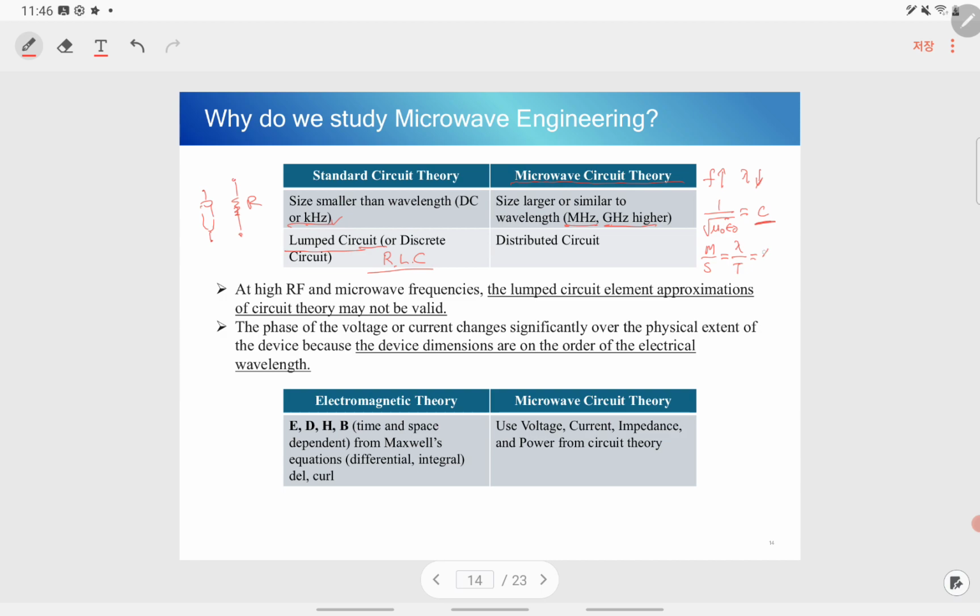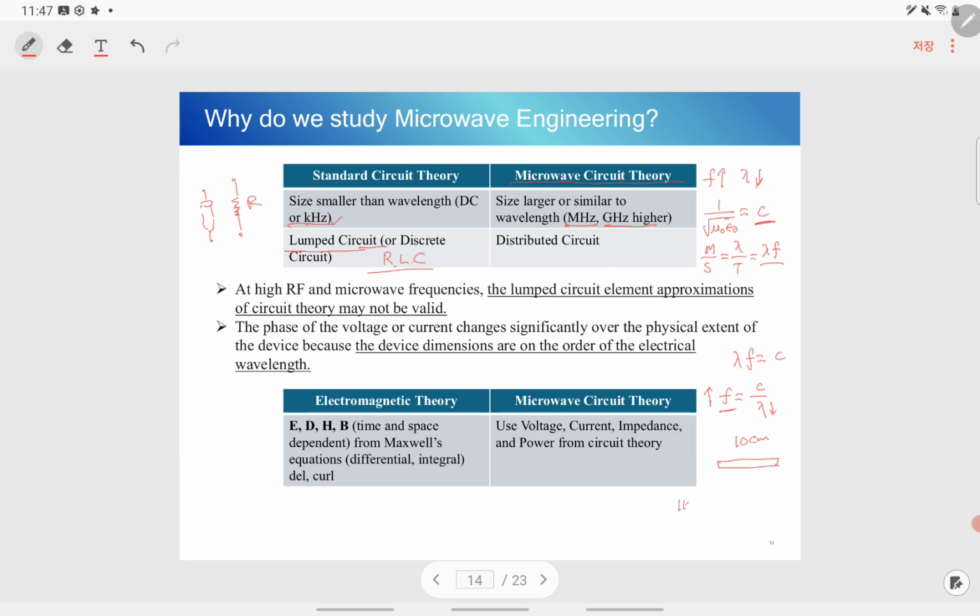Frequency is 1 over T, so this is lambda f. So lambda f is c. As frequency goes up, lambda becomes smaller.